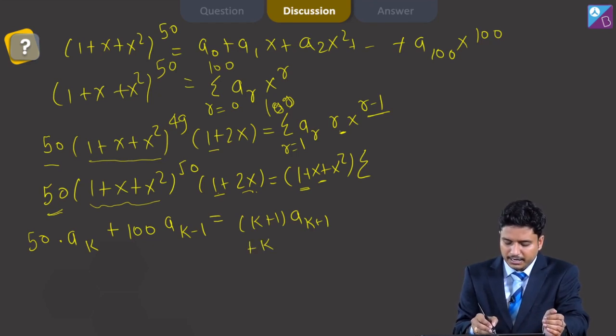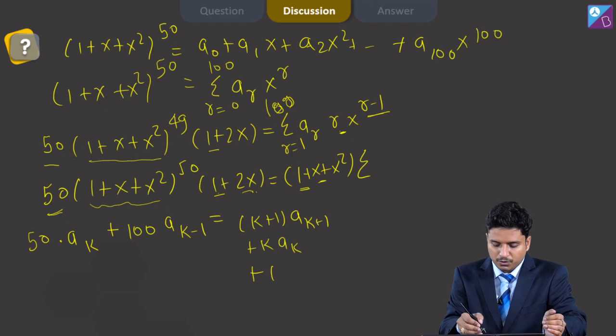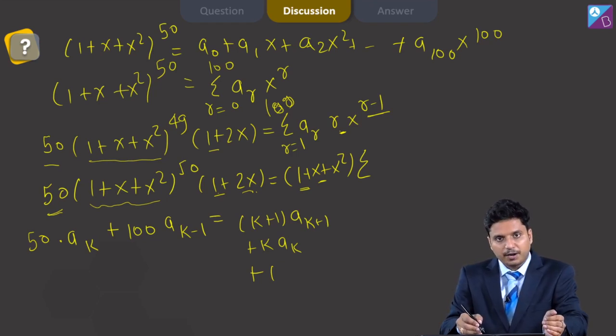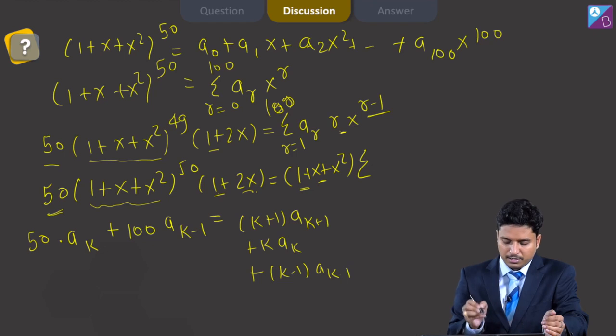So k ak plus, it is x square, so from here it should be x raised to power k minus 2. In order to get that x raised to power k minus 2, you have to focus on r equal to k minus 1, which is (k-1) a(k-1).